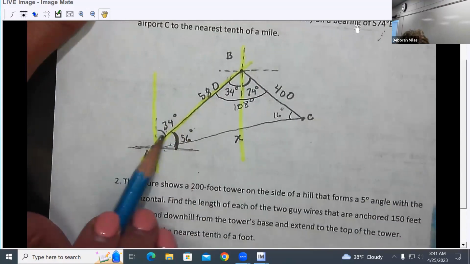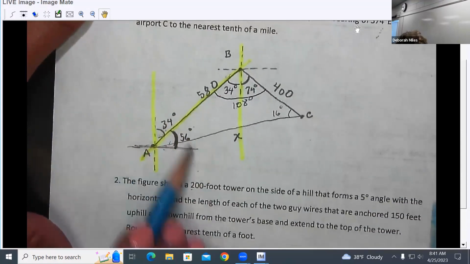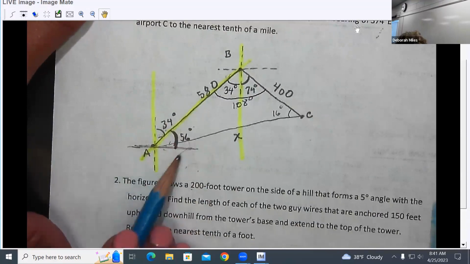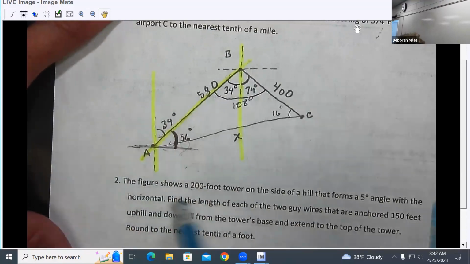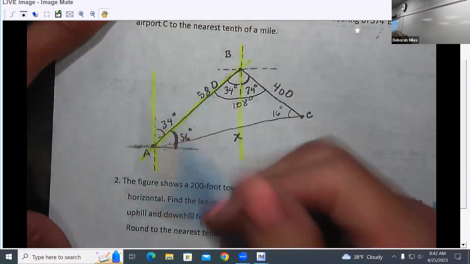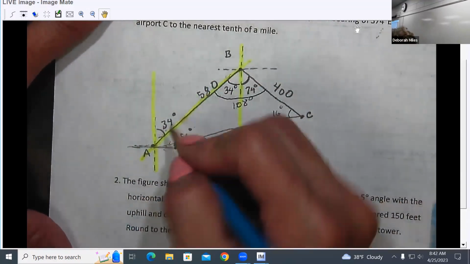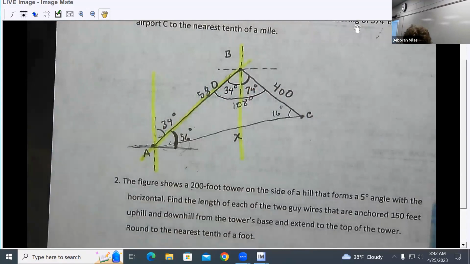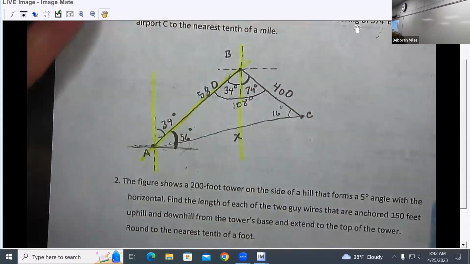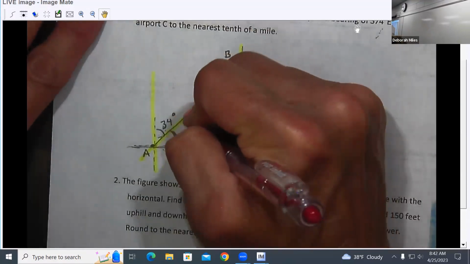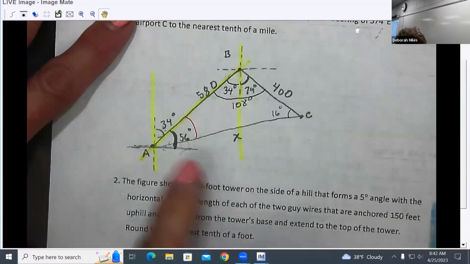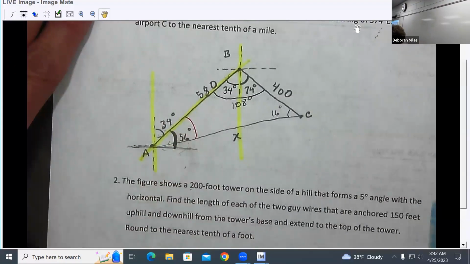If this was 34, then complementary with that, this whole thing right there is 56. We don't know what this little different color pen is. The 56 is that big angle.